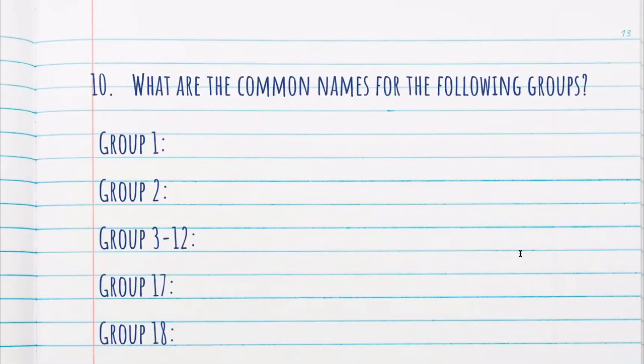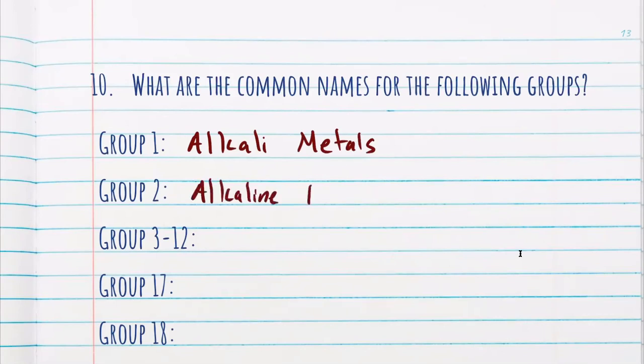So number 10 asks, what are the common names for the following groups? Well, each group kind of has its own special name. Group 1 is known as the alkali metals. Group 2 is known as the alkaline earth metals.